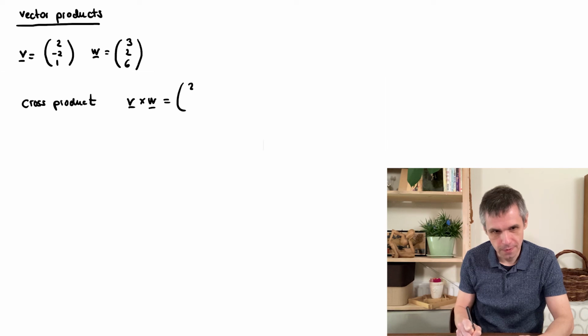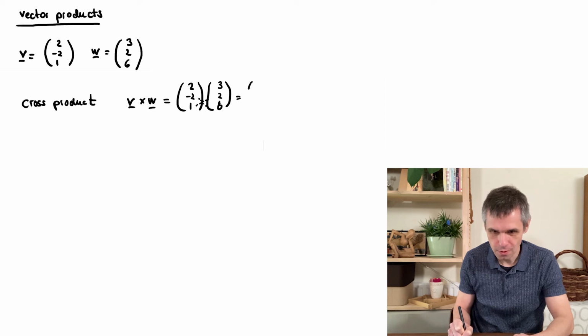we have this very striking pattern of making a cross to multiply components. Say for this one here, we have -2 times 6, and then we subtract 1 times 2.